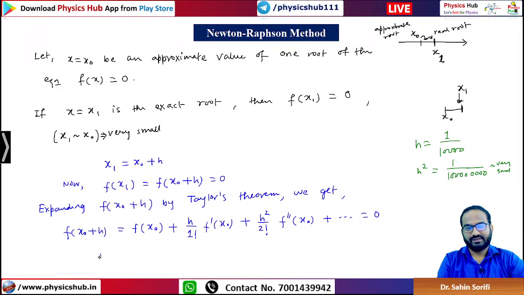So we can say that f of x0 plus h by 1 factorial f prime of x0 is approximately equal to 0. Why?